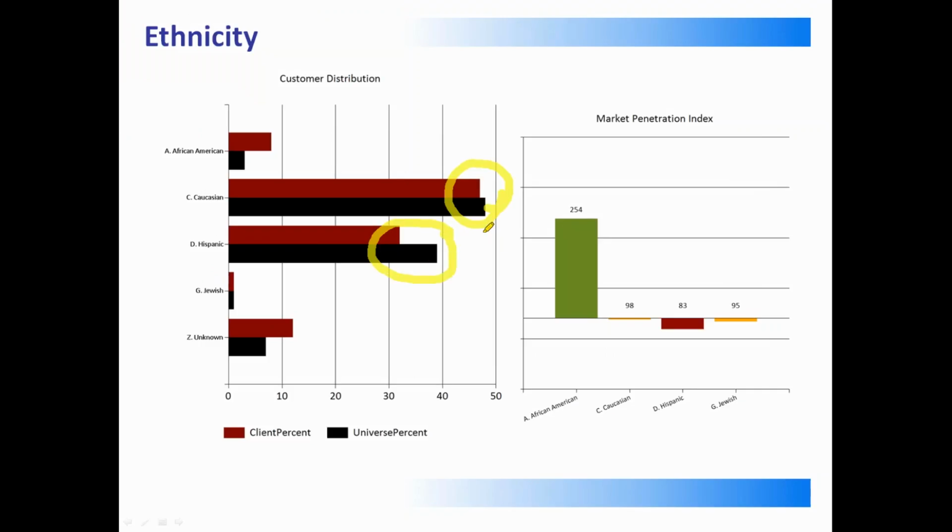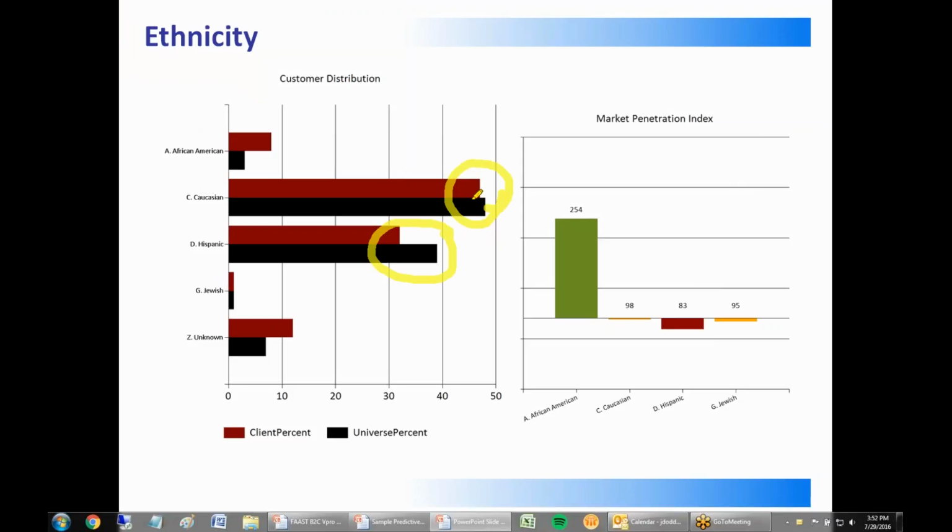Together they make up a little over, maybe three-quarters of the overall customer base. But the highest index is for African American at 254. So even though it's only about 8% of the customers, they're still 2.5 times more likely than average to be paying customers of Revolution's Bowling.